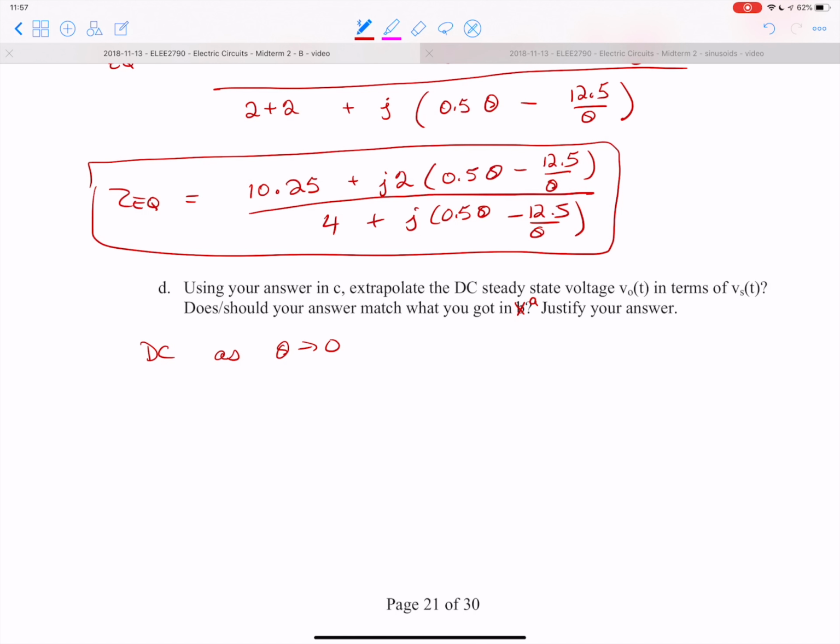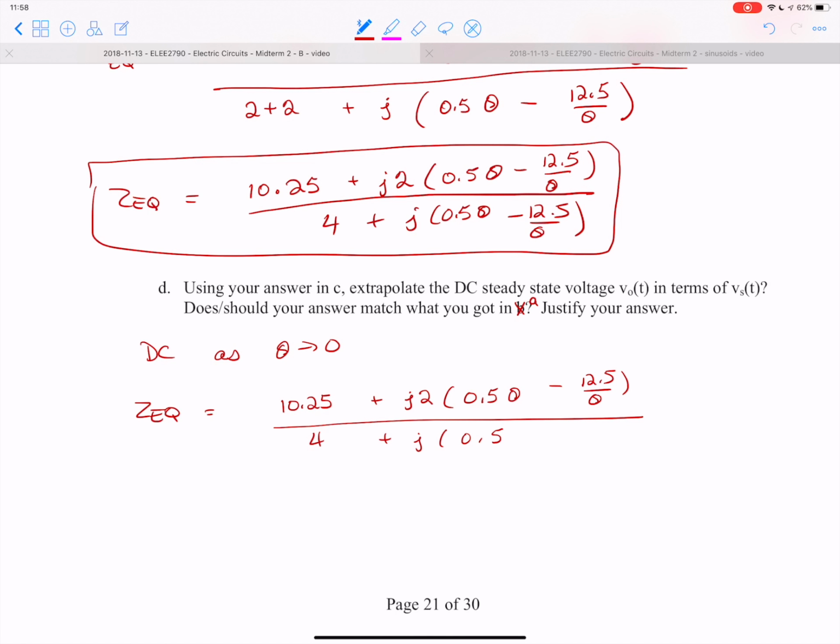So ZEQ of your parallel branch, and remember that V0 is across your entire parallel branch, so you're going to need that. This is equal to 10.25 plus J2 times 0.5 theta minus 12.5 over theta, divided by 4 plus J times 0.5 theta minus 12.5 over theta.